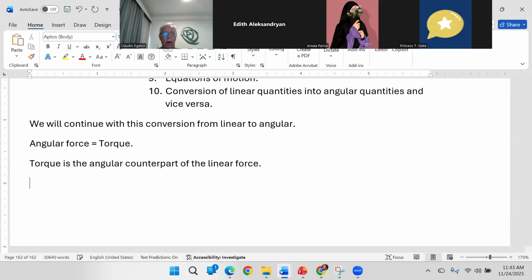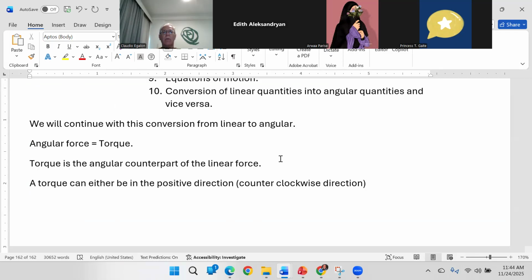A torque can either be in the positive direction, counterclockwise, contrary to the motion of the hands of the clock, or in the negative direction, clockwise.